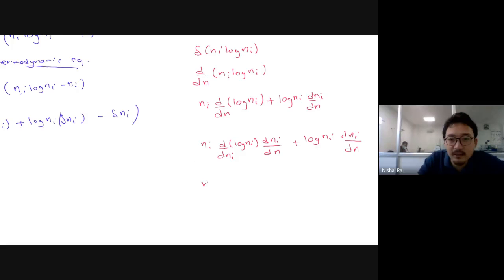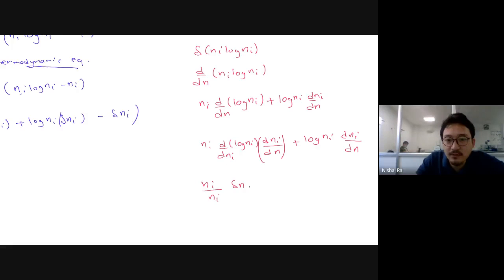So how much you will get? Derivative of log of ni is basically 1 by ni, and this n will just cancel out, as it will be common from everything.